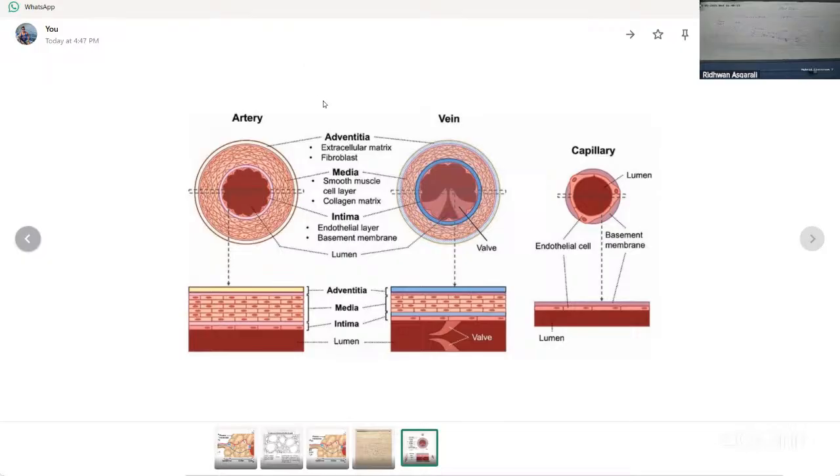Okay, so just a few changes I want to make with the labeling. It's not that the labels are wrong, I just want to label it a little differently. This outer layer they have as the adventitia.